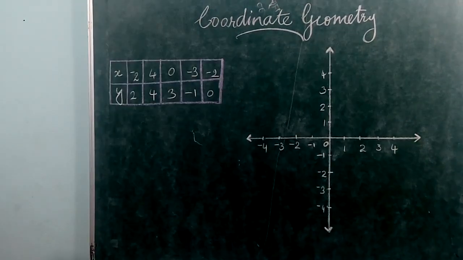Let us see the next question. Plot the following ordered pairs (x, y) of numbers as points in the Cartesian plane.